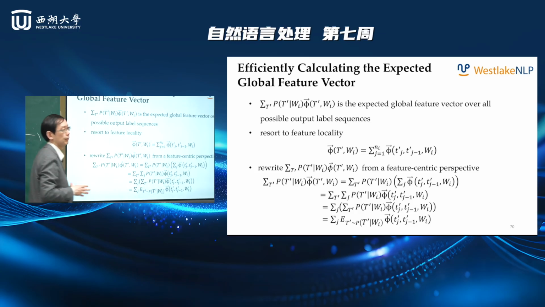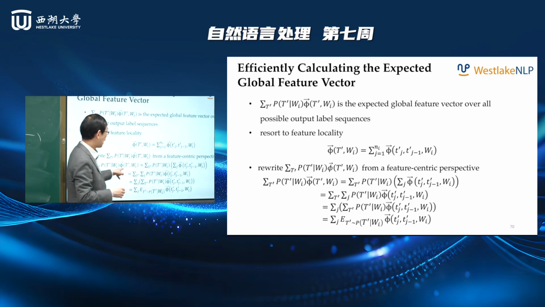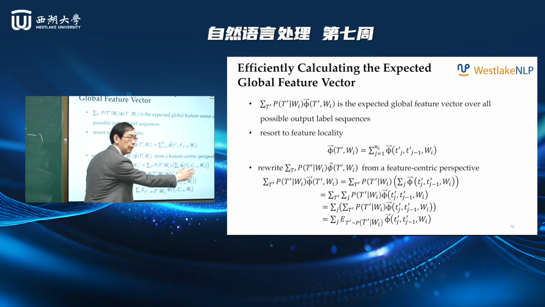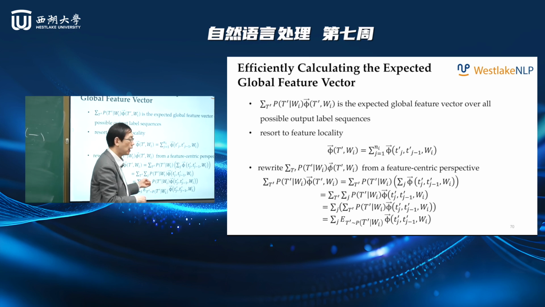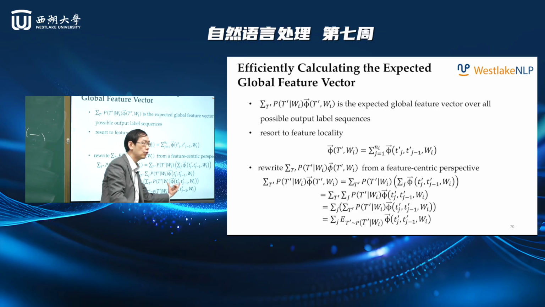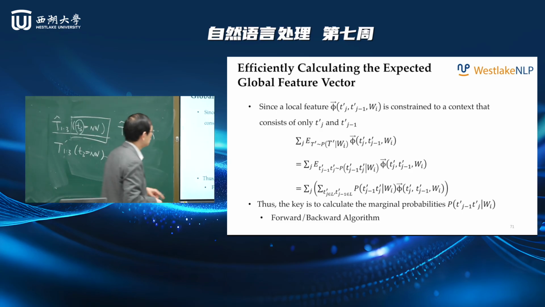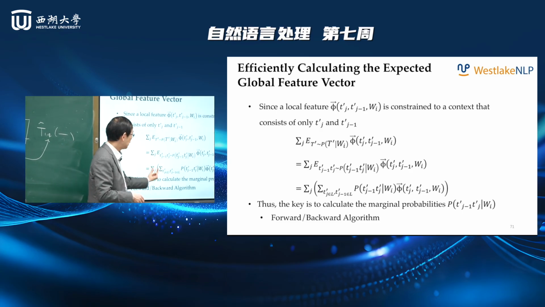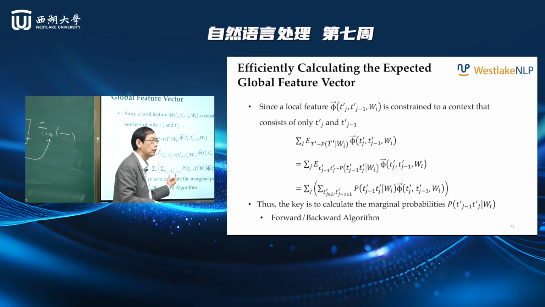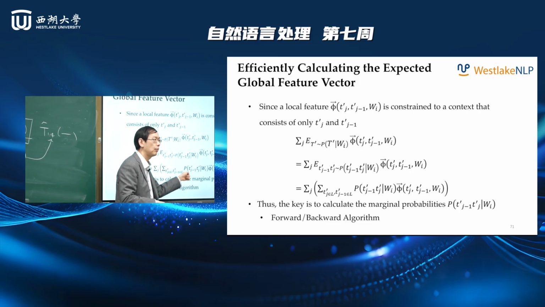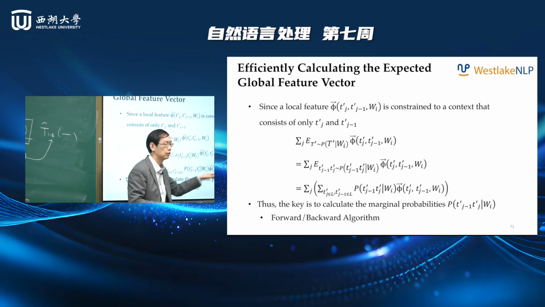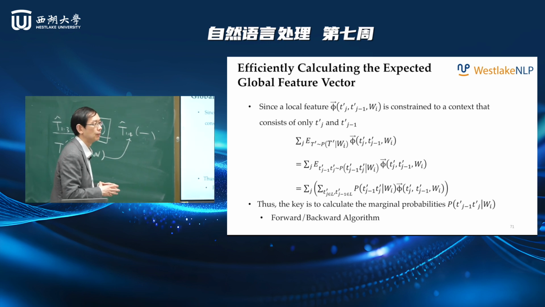That's an expectation, right? I'm summing over all locations, and I find the expectation of the local feature vector at this location over all possible output sequences. That's the intuition. And that's equal to the sum over all locations of the local tag bigram probabilities, the local probability expectation over the local feature. I leave the proof to you.